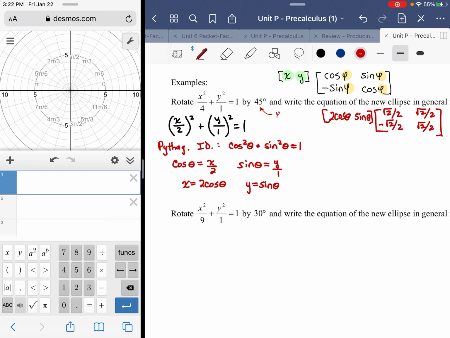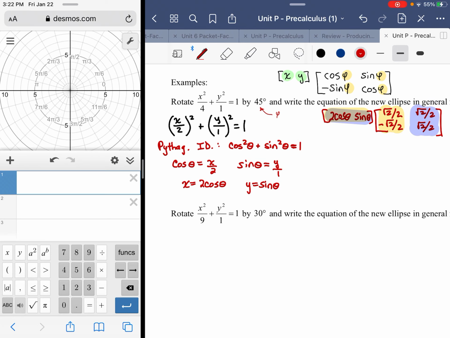All right, so we carry out our matrix multiplication. Again, we're multiplying this by this, and then this by this to get our ordered pairs, or x comma y, and that would give us the parametric form of our new ellipse.